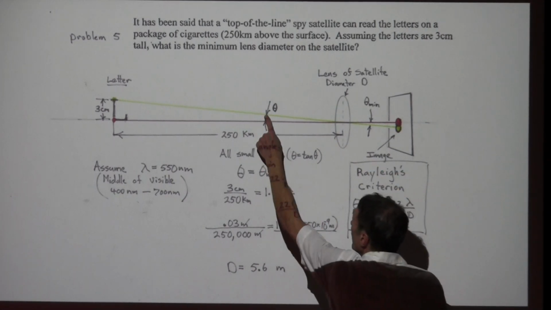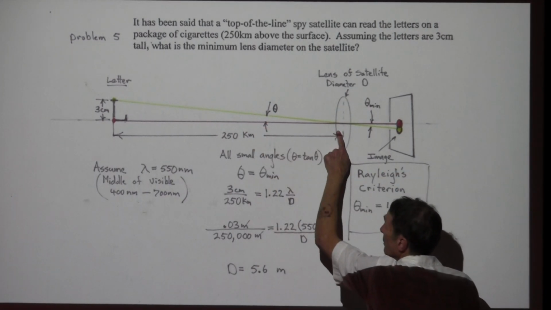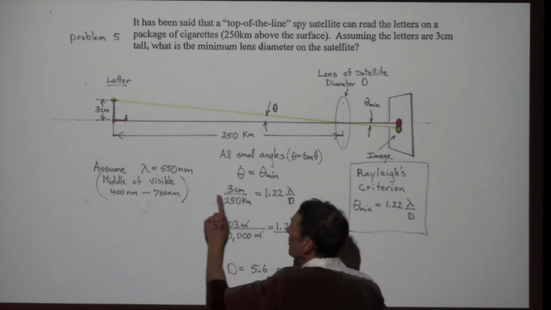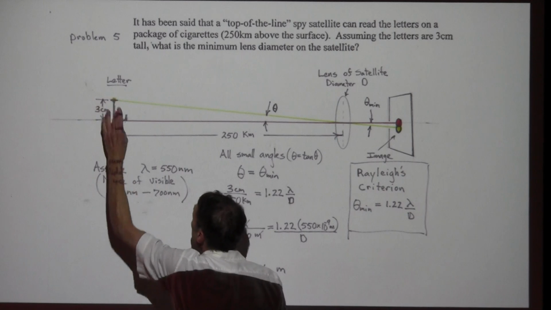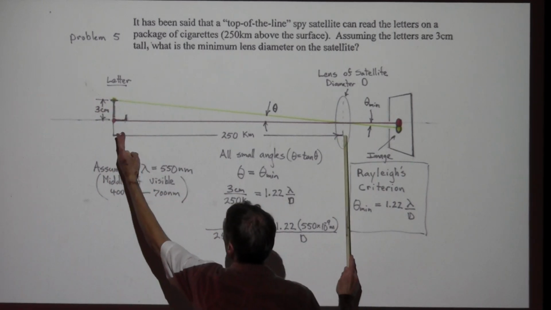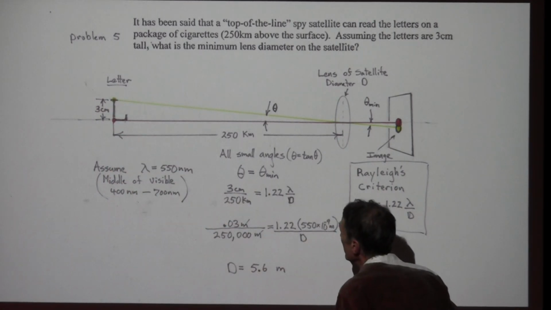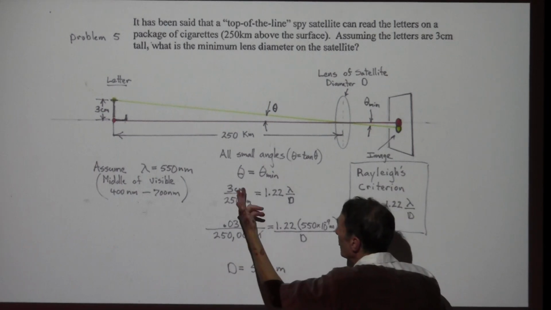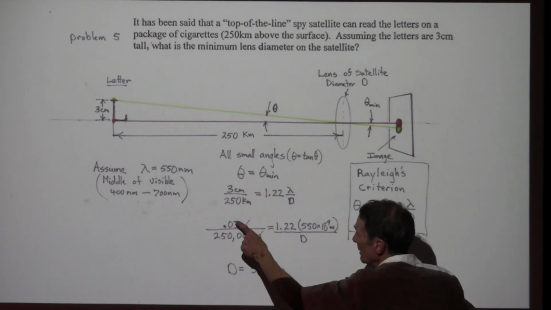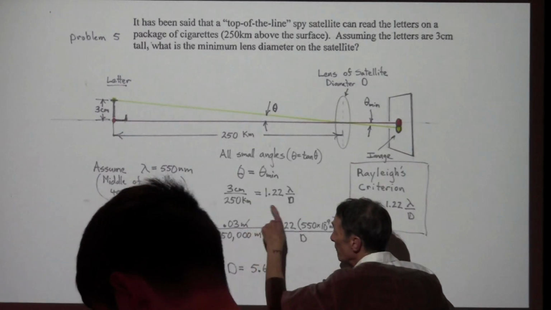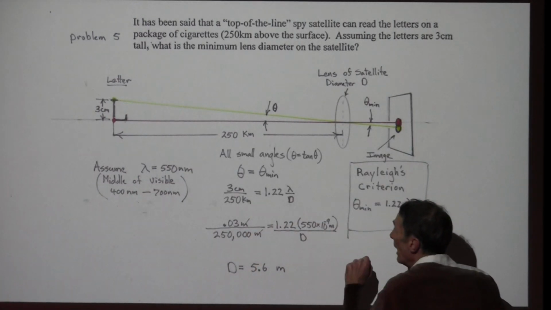The tangent of this theta is 3 centimeters over 250 kilometers, and again using small angles, theta is 3 centimeters over 250 kilometers.